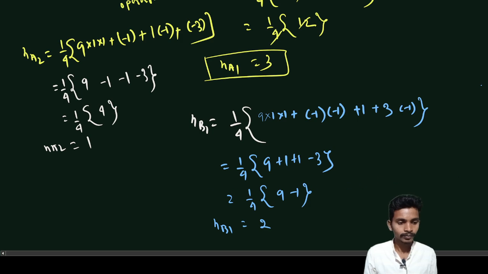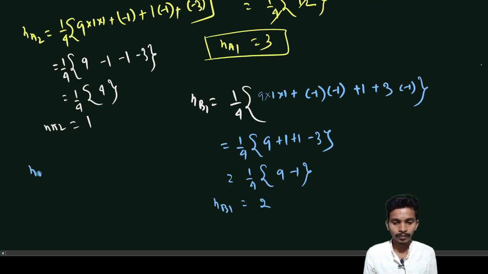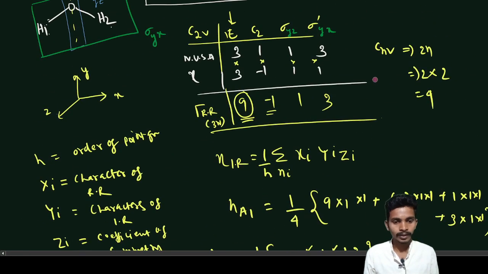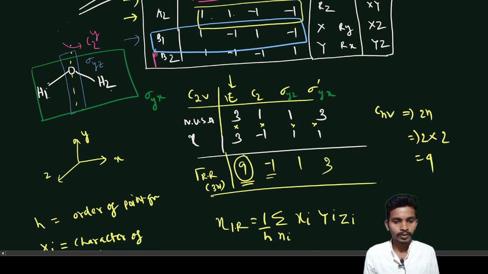NB1 is 2. Similarly, if you calculate for NB2, then this is 1 upon 4. Will use another pen. So now for these characters, we are using these characters now.